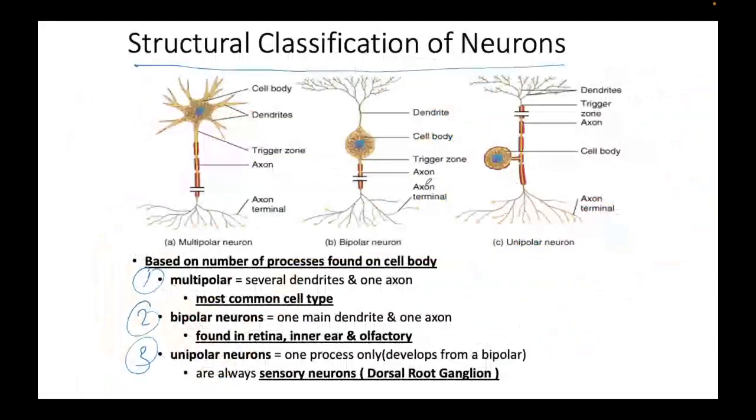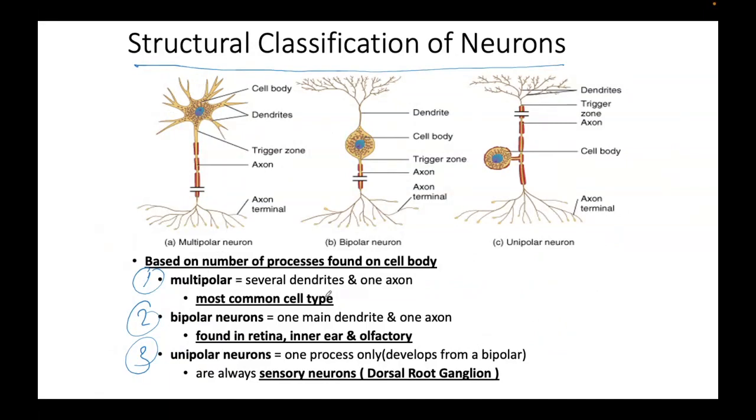Okay? So the reason why I bring that up is because when we look at these three classifications structurally of a neuron, we can look at a multipolar neuron, which is the one that we really just spent some time talking about, where we have several dendrites, we have the cell body, and we have one axon coming off of it, right? So if you have many dendrites with one axon, that's multipolar.